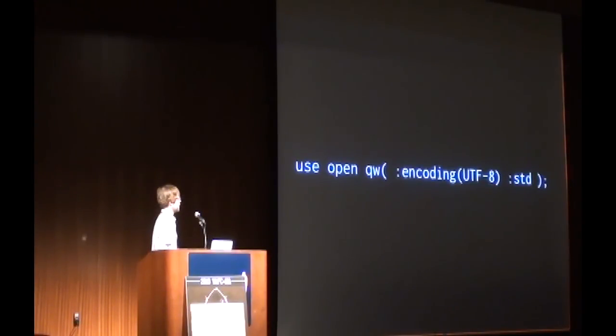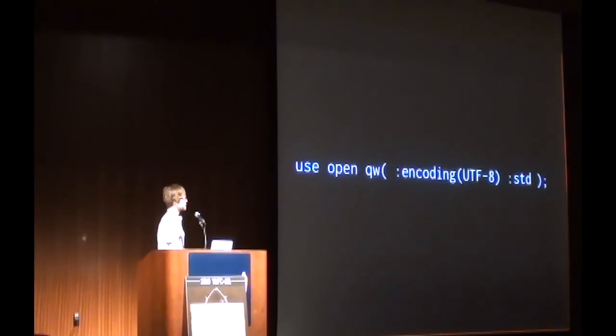So what we're doing is we're saying all of my file handles that I explicitly open will be decoded on input from UTF-8 to character strings and encoded on output.